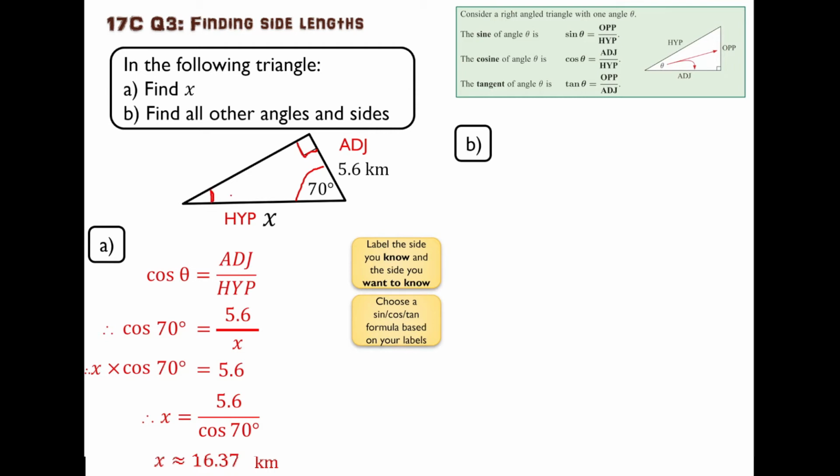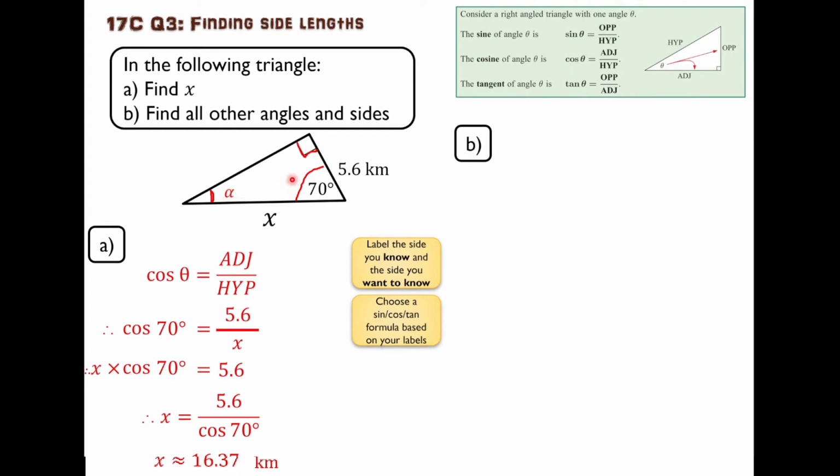Because we're told to figure out all the angles, let's give this angle a letter. I'm going to give it the Greek symbol alpha. That looks like an A, but it doesn't really matter what letter you give it. Now we can figure out this angle, and we don't even need trigonometry for it.